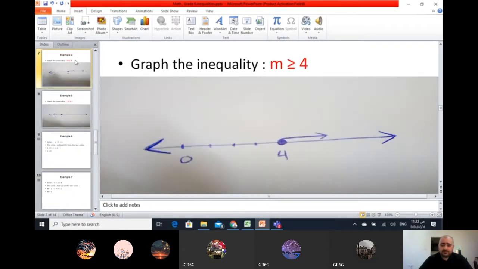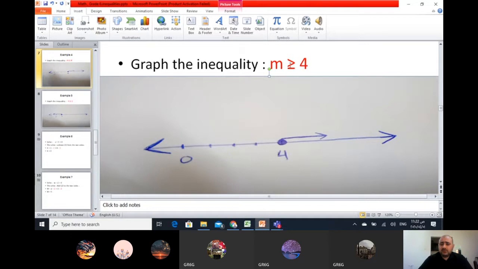Now example 4. Here we have this inequality, m greater than or equal to 4. So here we have an equal in the sign. The first step, draw the number line, then determine the number 4. Here we have 0, 1, 2, 3, 4.